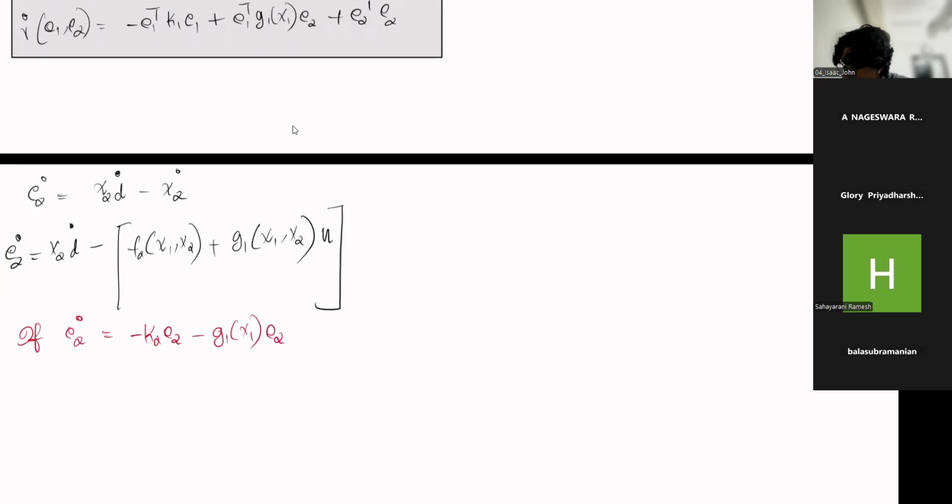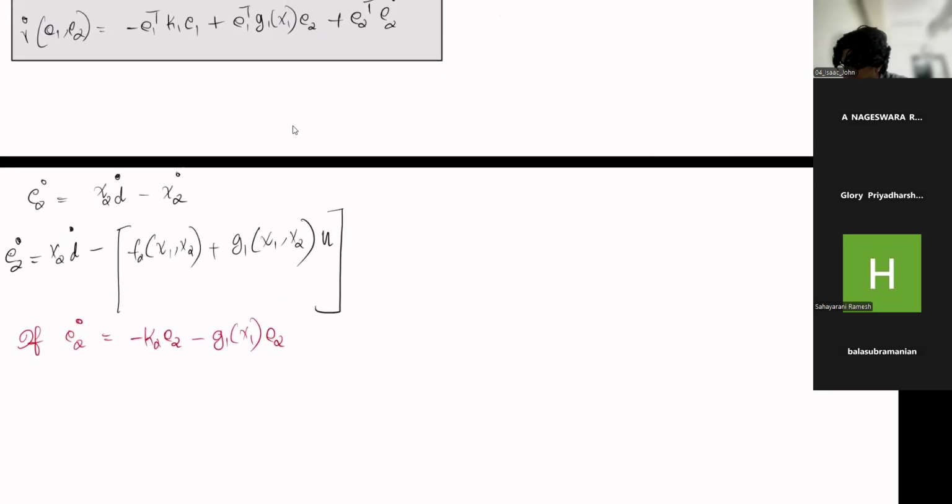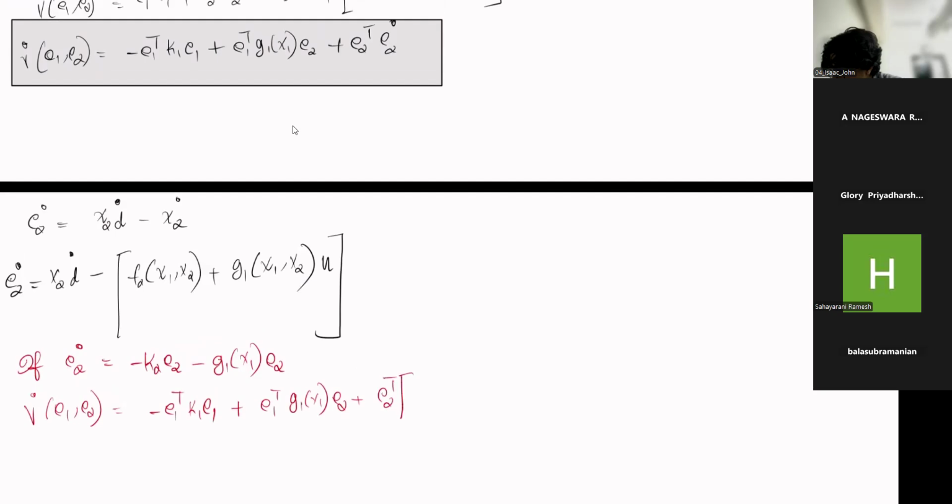Suppose E2 dot is of this expression. If I substitute this E2 dot into the V dot equation, what will happen? V dot of E1, E2 would be something like minus E1 transpose K1 E1 plus E1 transpose G1 of X1 E2 plus E2 transpose, and in place of this E2 dot, I'll substitute this equation. This is just an assumption.